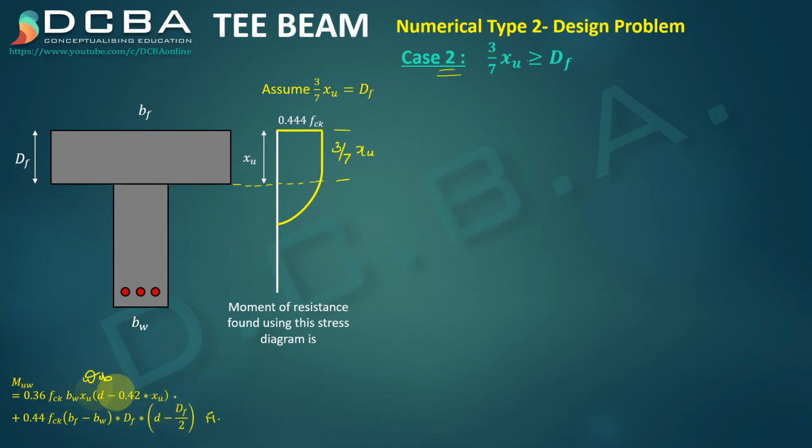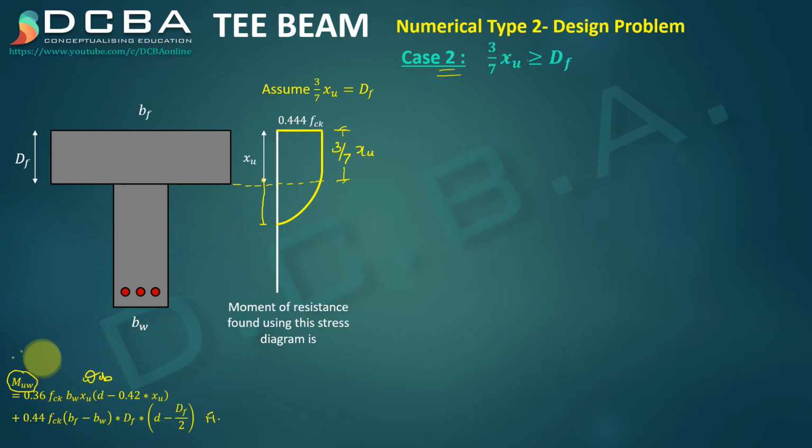Now what is unknown in this, because we have to find this MUW. This MUW represents that when your neutral axis goes into the web, the XU will not be till here, it will be till here, and till this point is 3/7 XU, right?